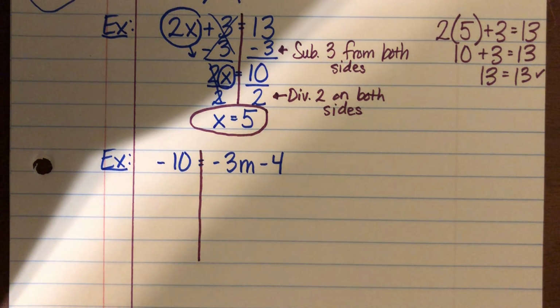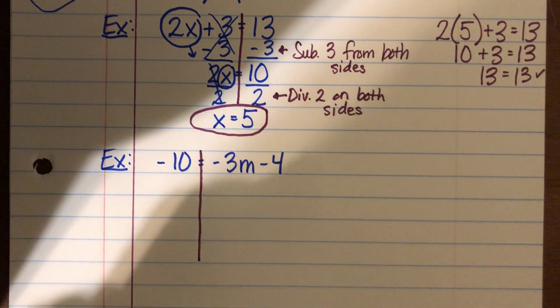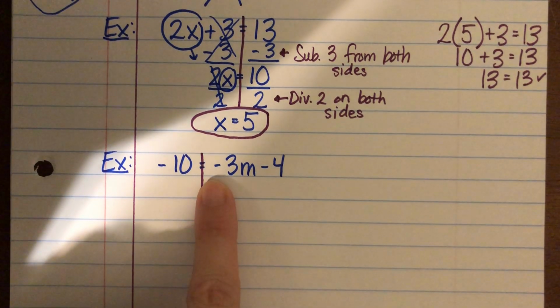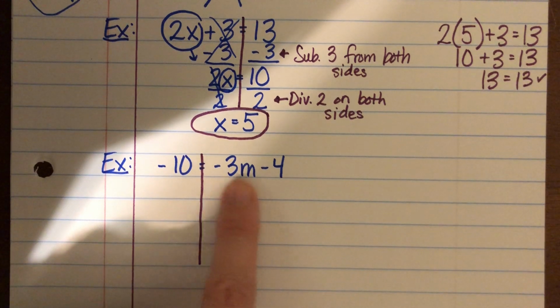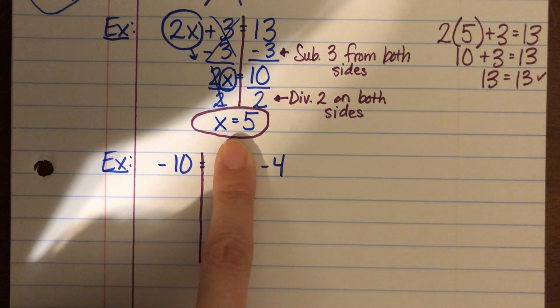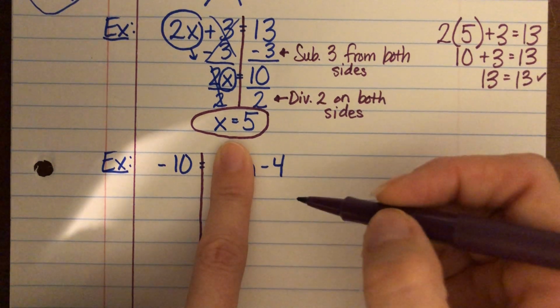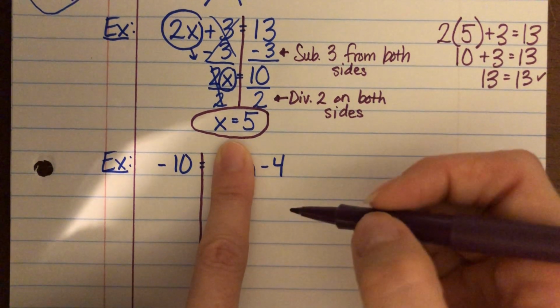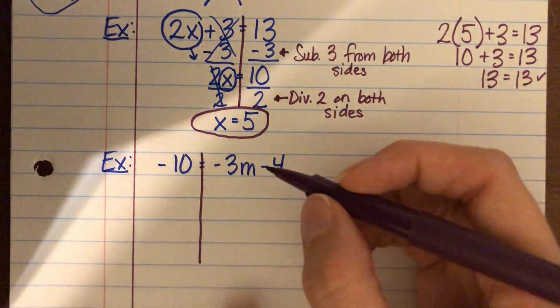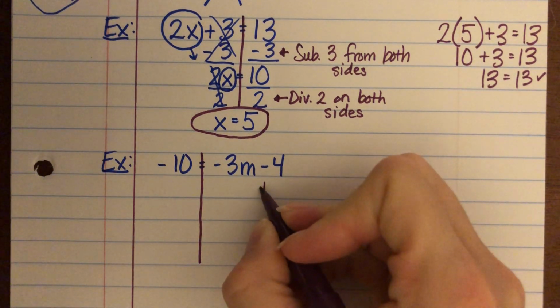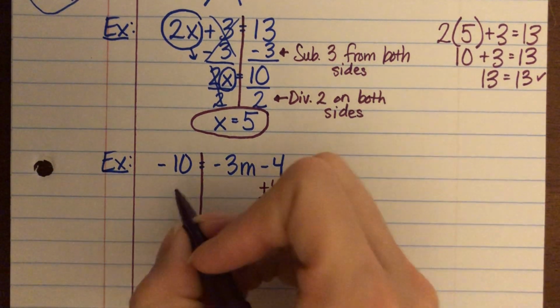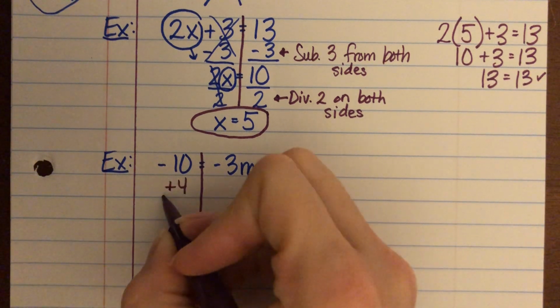And then I'm going to go back to that cover-up method, just because it does really help to remember what operation to do first. So what's coupled with the m is the -3. So when I cover that up, I'll say, okay, here I'm subtracting 4. So I'm going to do the inverse operation, which would be to add 4. So I'm going to add 4 here, and I'm going to add 4 here.